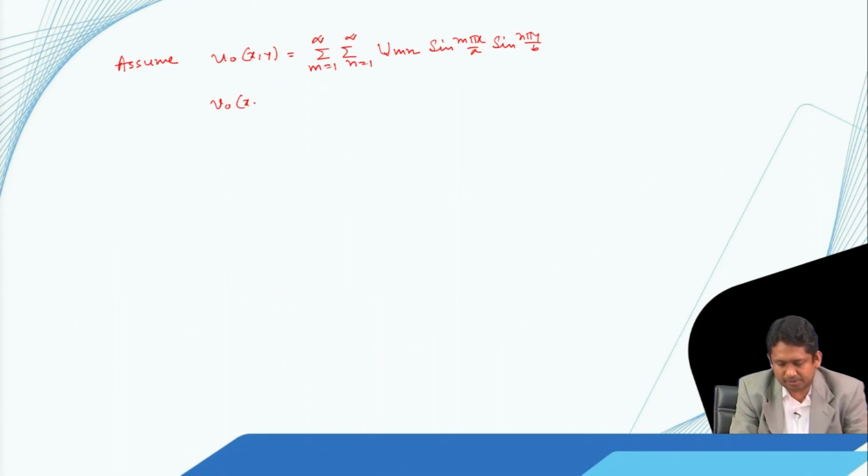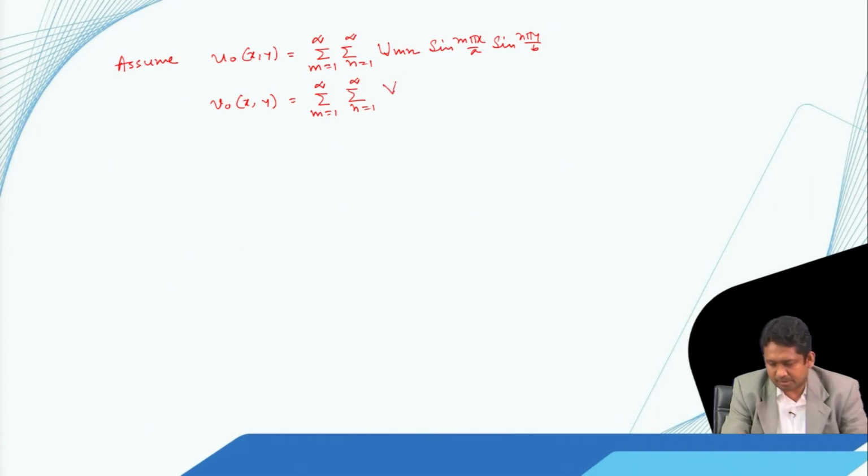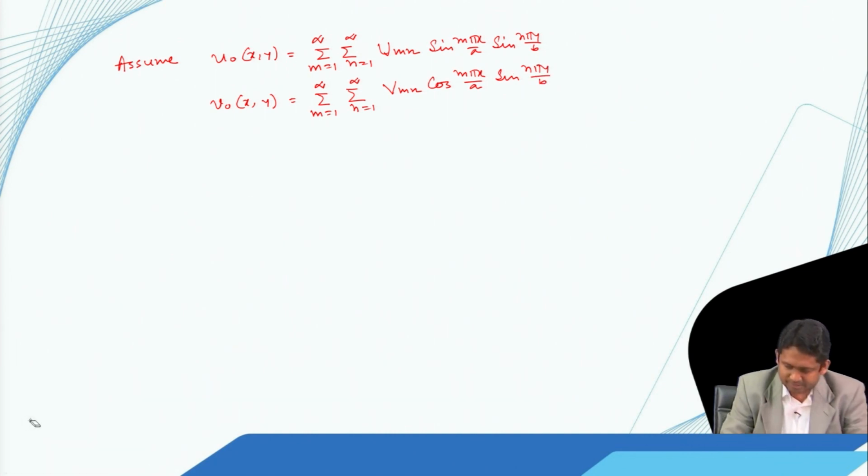Similarly, v0 as a function of x and y, we have n equal to 1 to infinity, m equal to 1 to infinity, V_mn cosine m pi x by a into sin n pi y by b. Just one error here.